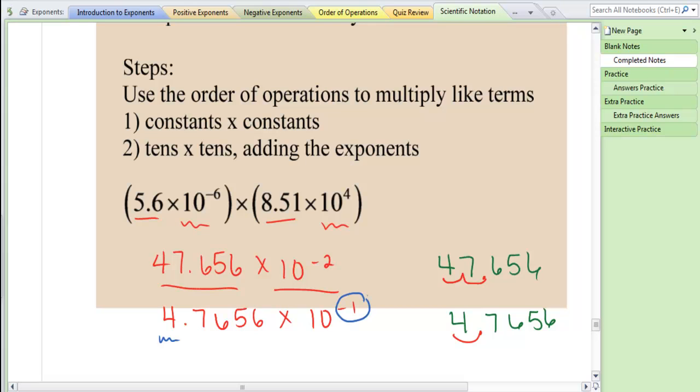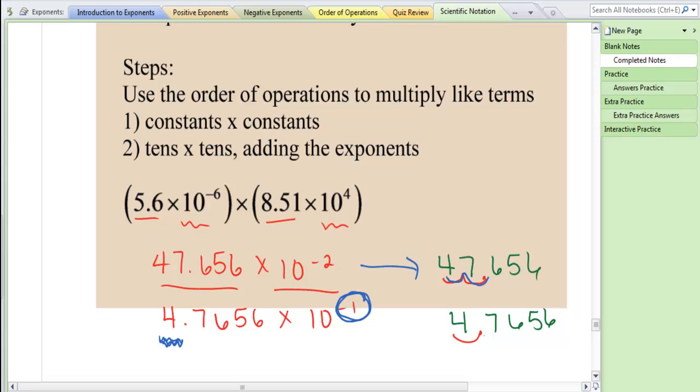Again, now this time, 47.656 times 10 to the negative 7 means we're moving that decimal two places here, 1, 2 to the left to make it smaller. But when we move our decimal over one place so that we're writing correctly using scientific notation, we have to figure out, do we adjust this to a -2 or a -3 or a -1, because we have to adjust that exponent by 1 since we moved our decimal one place.